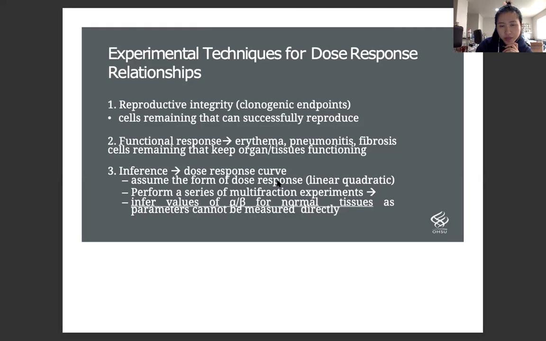Functional response is erythema, which is the redness of skin, pneumonitis, fibrosis, cells remaining that keep organ tissue functioning. Inference: assume the form of the dose response curve, linear quadratic, and perform a series of multi-fraction experiments to infer values of alpha over beta for normal tissues, parameters that cannot be measured directly.